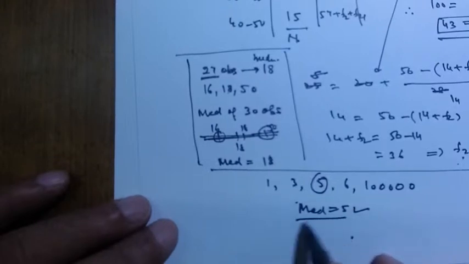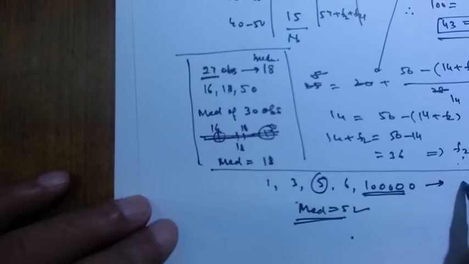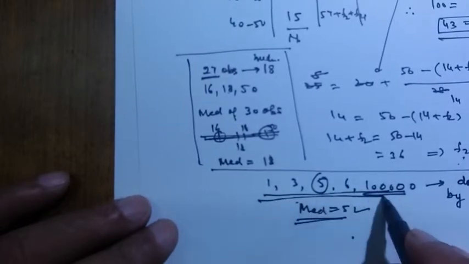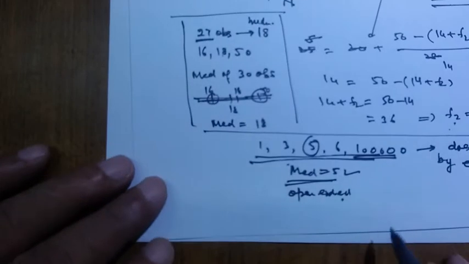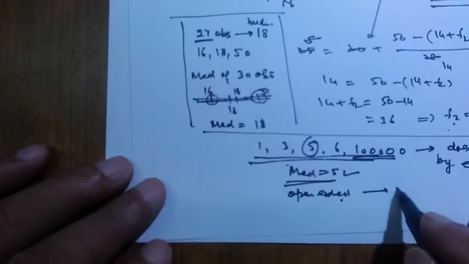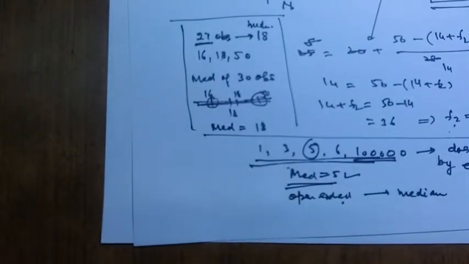Therefore, the median is a measure of central tendency which is not affected by extreme values. There is less fluctuation from extreme values. Extreme values make no difference. However, in the case of the mean, it makes a big difference. But in the case of open-ended classes, the median is the most appropriate measure of central tendency.